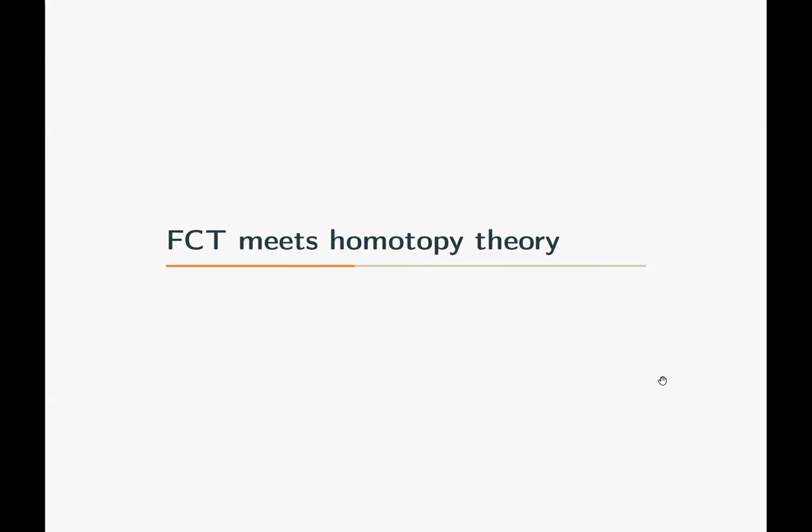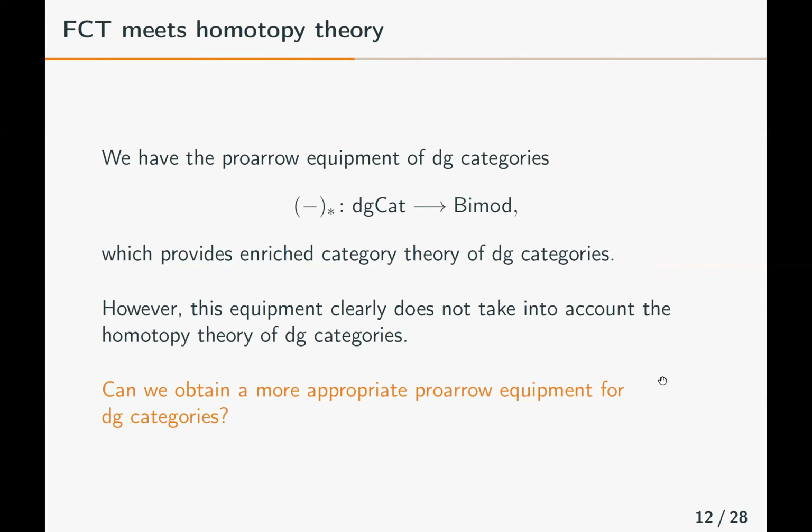That was a short introduction to formal category theory. Now we come to the central question of this talk. We have seen the proarrow equipment of DG categories. It encodes enriched category theory of DG categories, and the limits obtained there are enriched weighted limits.